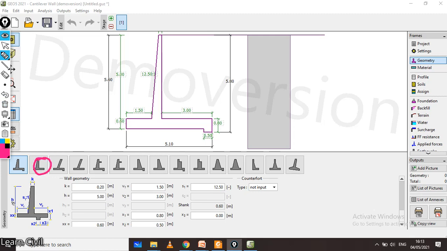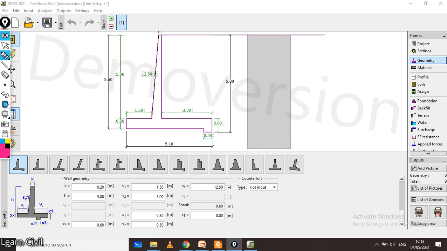Here in this type of geometry, no shear key is provided. Here this stem is inclined with some shear key. Here the wall is inclined and without shear key. Here again the wall is vertical, the base slab is having some shear key and another horizontal shear key like this. So different types of geometries are available.